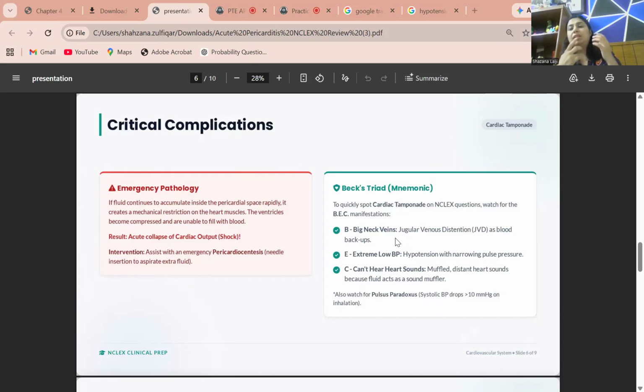The nurse can easily see the jugular vein distension. The second most important sign is extremely low BP, extreme hypotension. The third sign that the nurse can identify is muffled heart sounds, which the nurse can hear in the patient with cardiac tamponade.